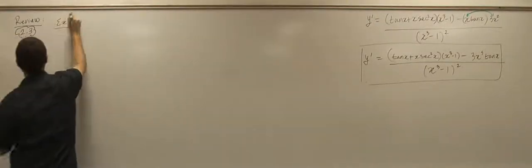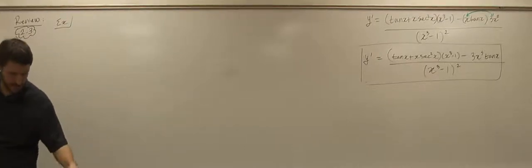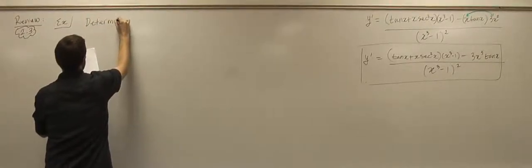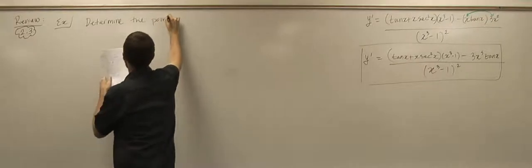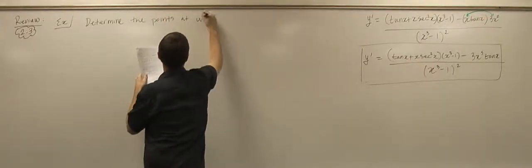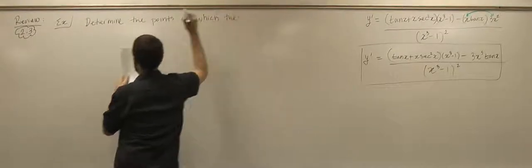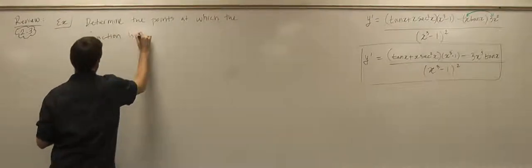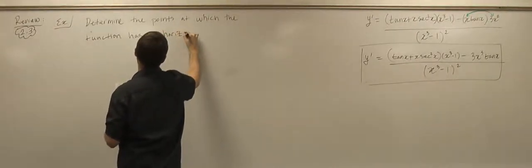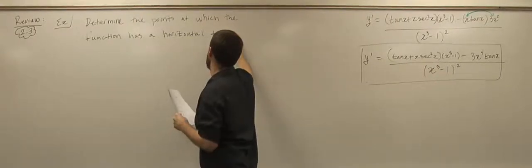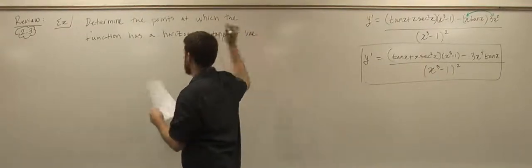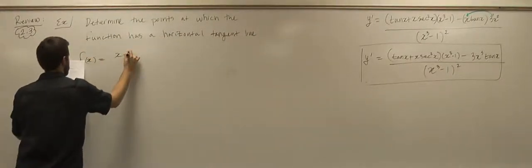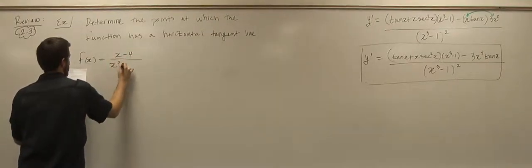So last review. Determine points at which the function has a horizontal tangent line. And I'll give you f of x equals x minus 4 over x squared minus 7.